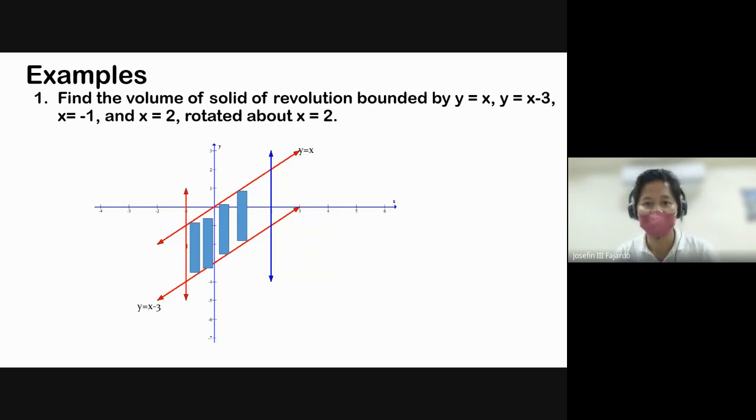So mangyayari, dahil ang ating axis ay patayo at ang ating element of area ay patayo din, ano yung element of volume na mapoproduce natin, guys? Ano yung element of area?